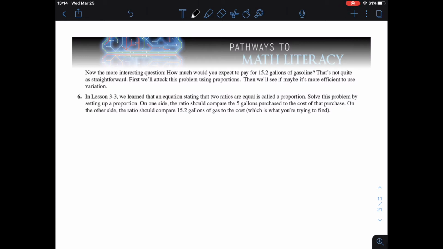We know that 5 gallons of gas cost us $11.10, and we want to see what 15.2 gallons cost, which we don't know, so let's say X dollars.